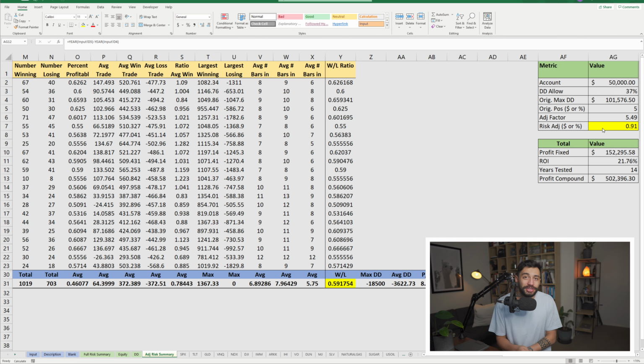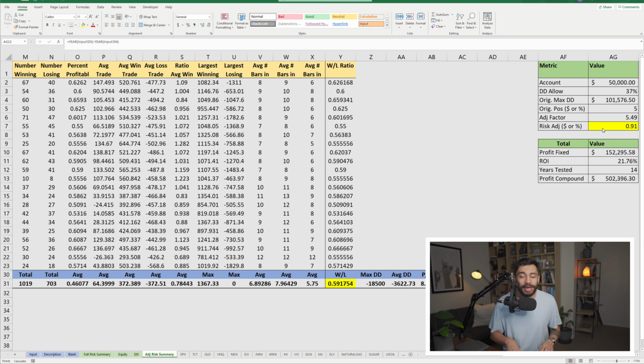Now, if we were to reduce this to say 1% risk per trade, we would see probably around a 37% maximum drawdown of our account. So that is really good. That 0.9 or that 1% is now our newly adjusted risk per trade.